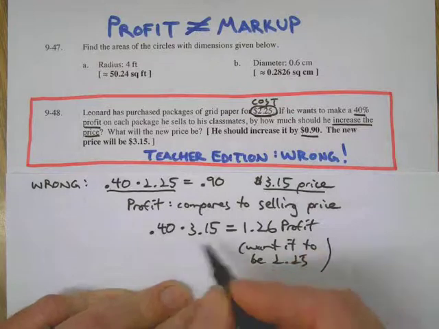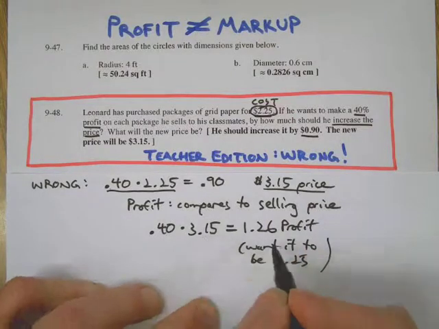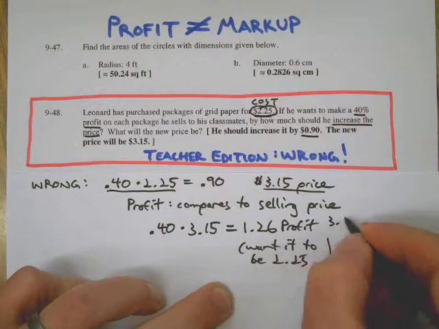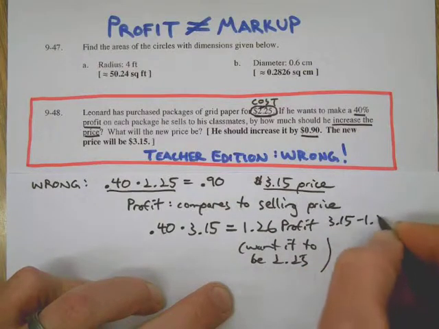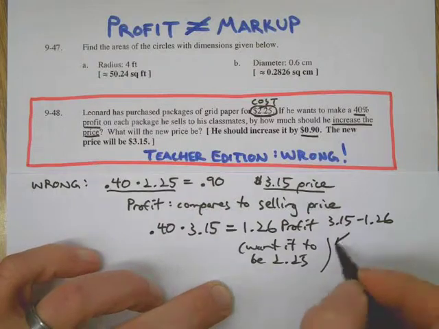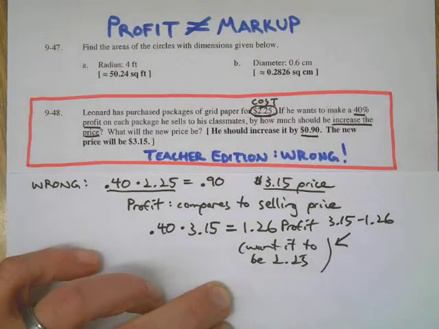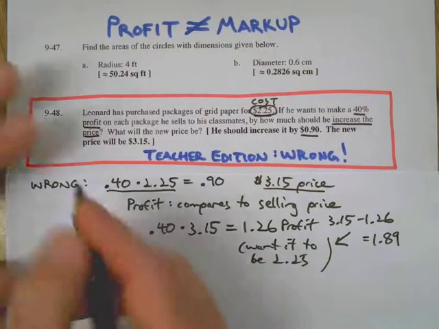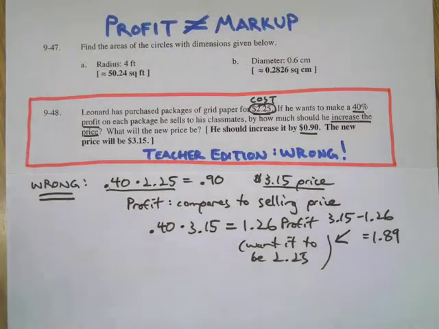If I'm going to make a 40% profit on $3.15, I'm going to make $1.26, which means if I subtract $1.26 from my selling price, I should get $2.25, right? Obviously, that's not going to work out. That's $1.89. So you can see why this is wrong. That was how they did it wrong.